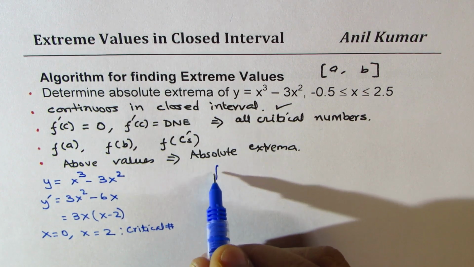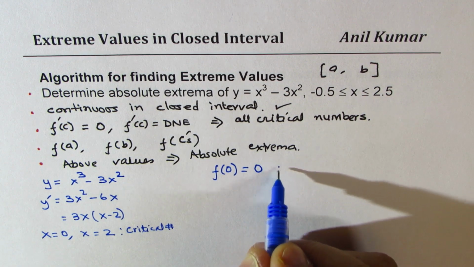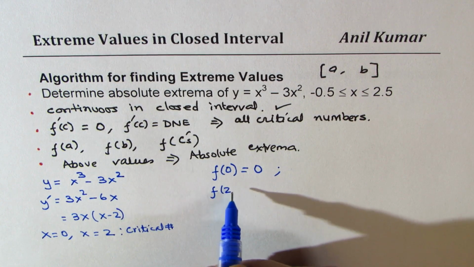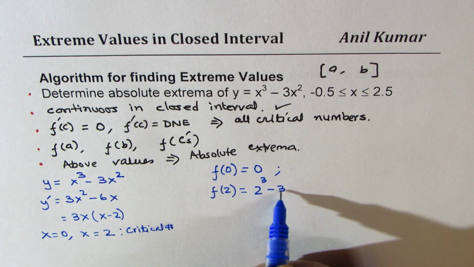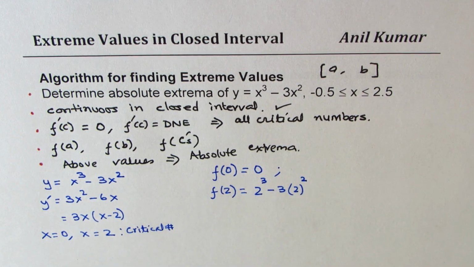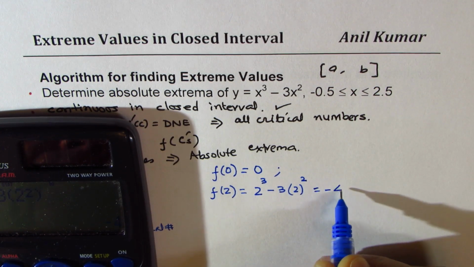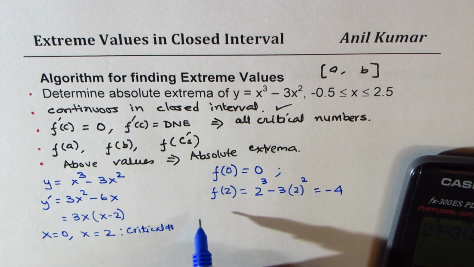So the value of the function at 0 is, substituting 0, we get 0. The value of the function at 2, so these are the critical numbers, will be 2 cube minus 3 times 2 square. So let's calculate. We have 2 cube minus 3 times 2 square. Let me put it in bracket, and that gives you minus 4. And now let's find the value at minus 0.5.